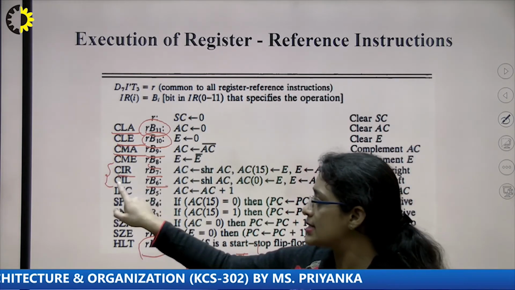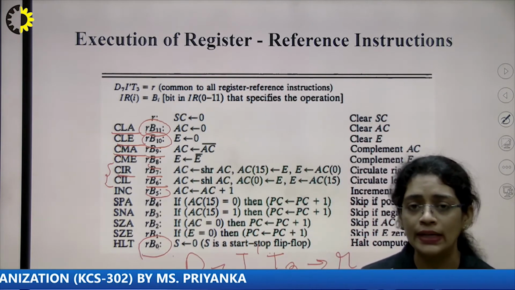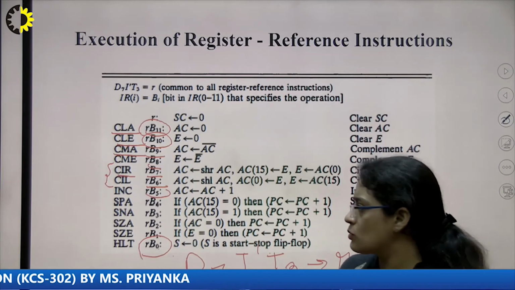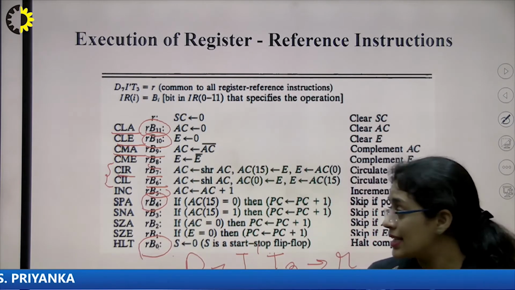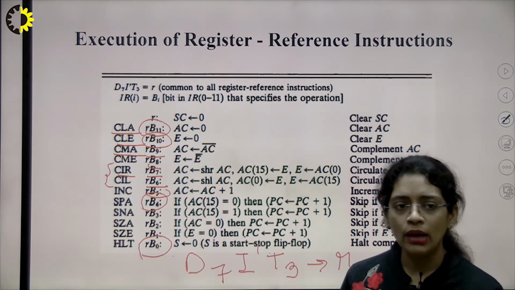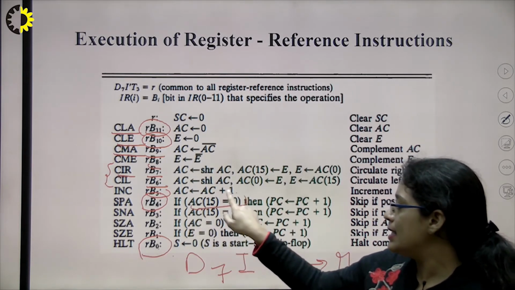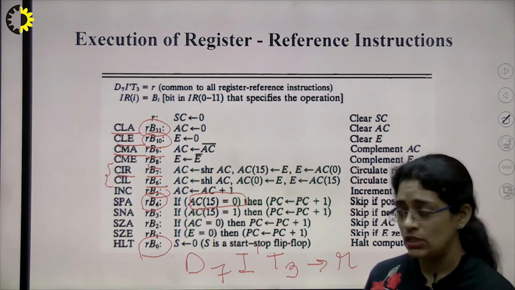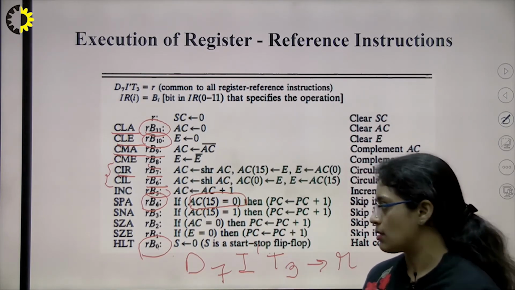Then B6 is circular left. B5 is for incrementing the accumulator. rB4 is for SPA, which says skip if positive. We are going to check the value of the accumulator. If the 15th bit of the accumulator is 0, then we will skip this instruction and move to the next instruction.